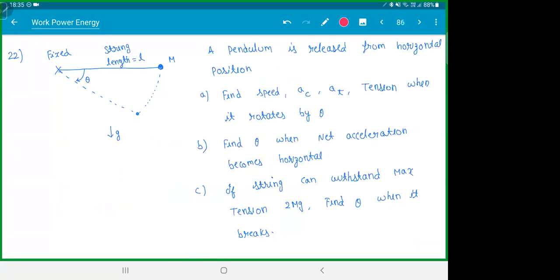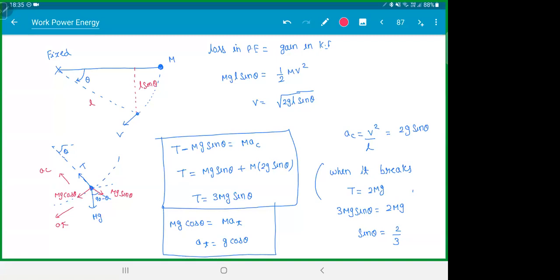And the second part of the question is find theta when the net acceleration is horizontal. But first, let's be clear with this. Any doubts?